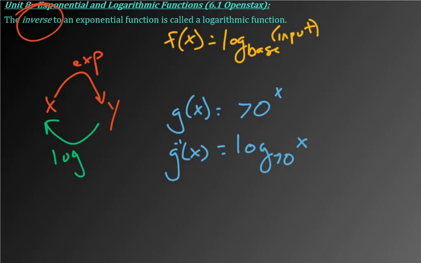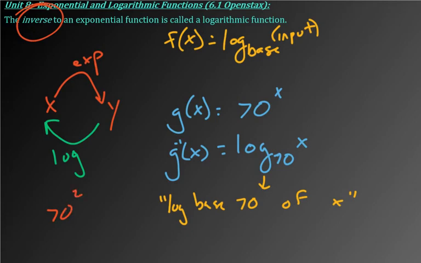Literally, if you go to Desmos and you type 70 to the x and log base 70 of x, that's how you read that. Maybe write that down. This is log base 70 of x. These two will be symmetric with the line y equals x. They're inverse functions.